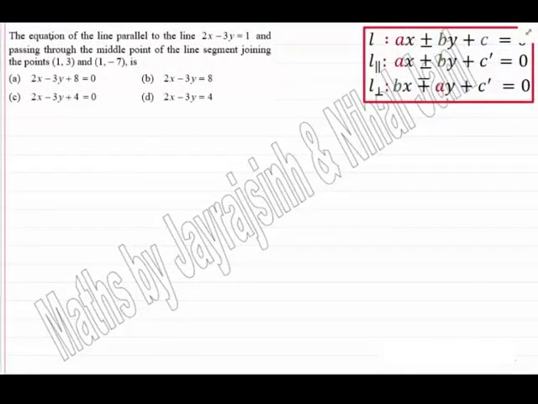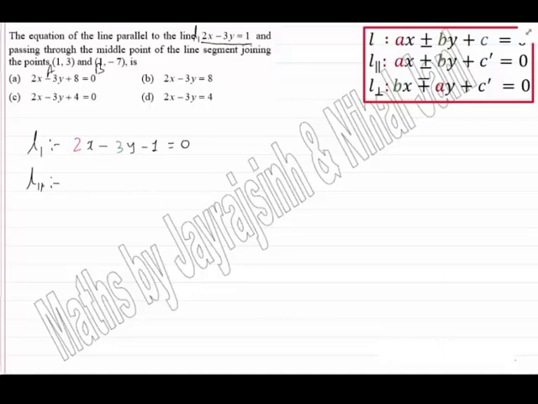The next question: the equation of line parallel to line L1, 2x minus 3y is equal to 1 and passing through the midpoint of A and B. Okay, now our required line is parallel to L1 line, right? L1 line is 2x minus 3y minus 1 is equal to 0.